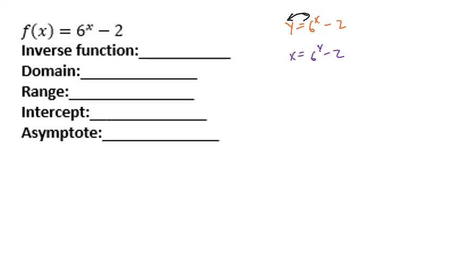We want to get y by itself, so that means that this exponential has to be by itself. So we need to add 2 to both sides of our equation. On the right side, it's going to cancel out, and on the left side, we have x plus 2.